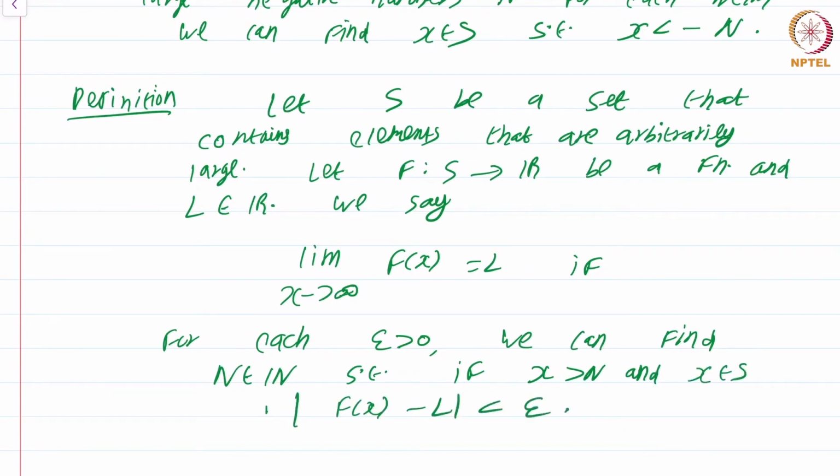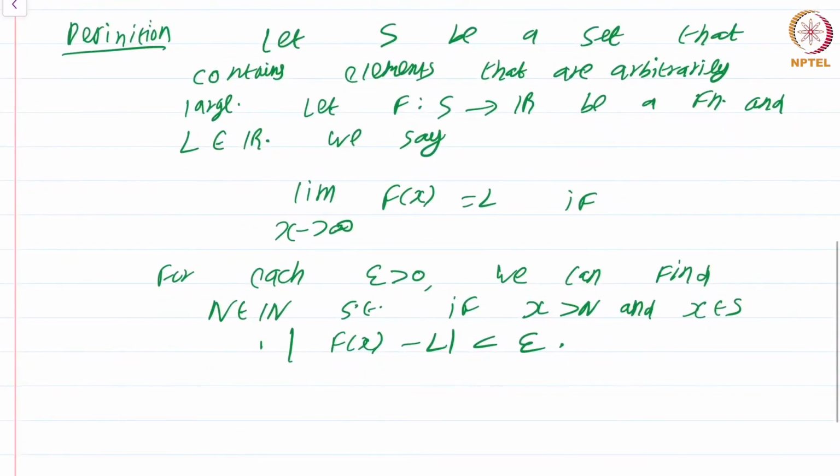The definition is a very parallel definition to that of finite limits. In the case of finite limits, you had x approaching a limit point. Here you have x approaching infinity. So all you say is for each epsilon greater than 0, we can find N in N such that if x is greater than N and x is in S, mod f of x minus L is less than epsilon.